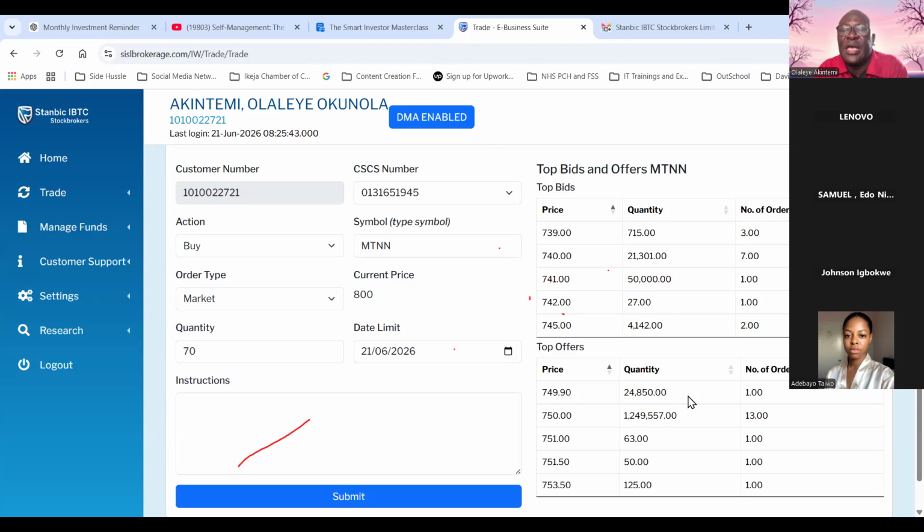You still don't understand what I've just explained. Even if I offer to buy it at 760 naira and 760 naira is not already showing under the offer price, there is a very high likelihood that the transaction will not go through.